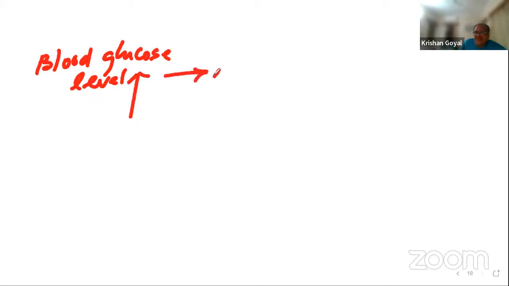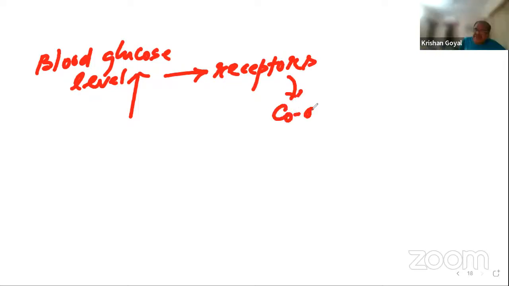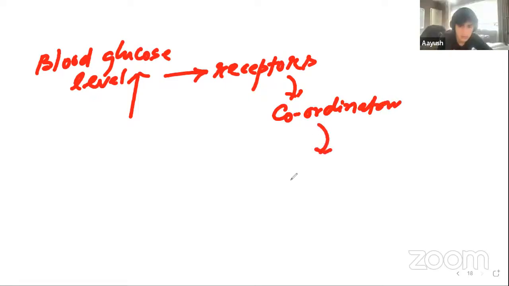This has been sensed by the receptors. Every cell has receptors for everything. Then they will inform the coordinator how it should be maintained. Coordinator will give information to the effector.